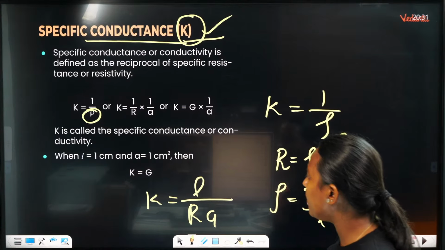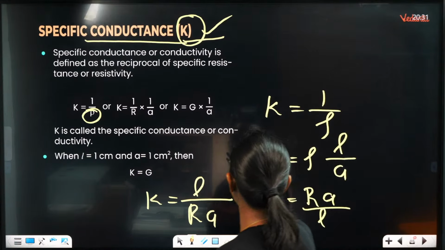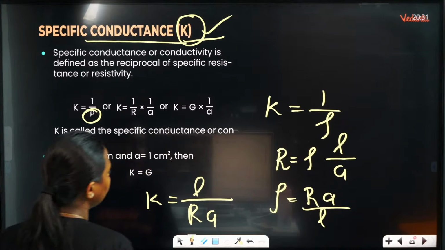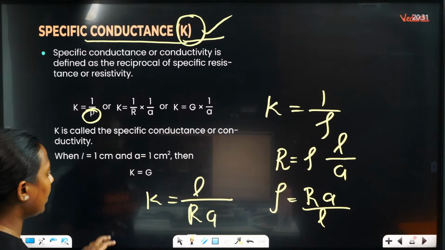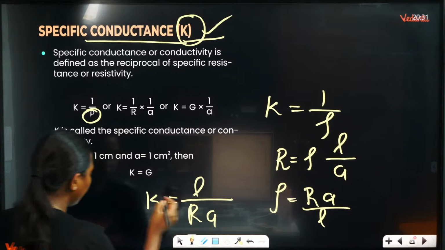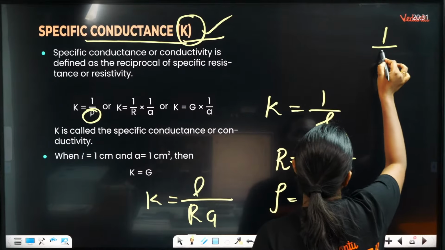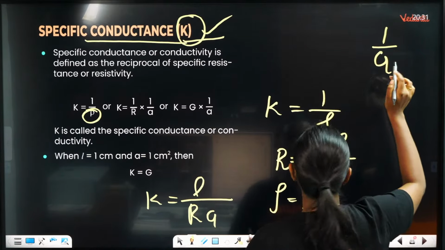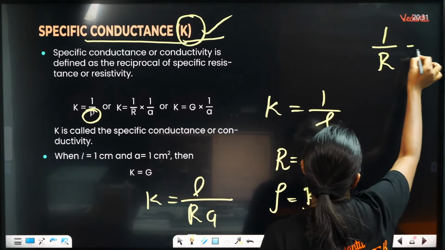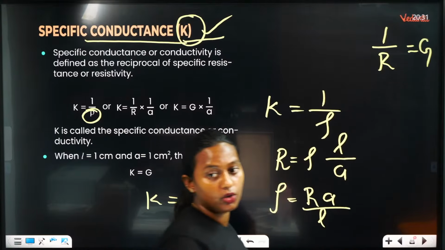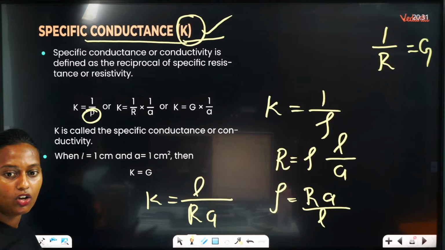Okay, 1 by R is equal to G. That is cell constant. Okay, we will say cell constant.